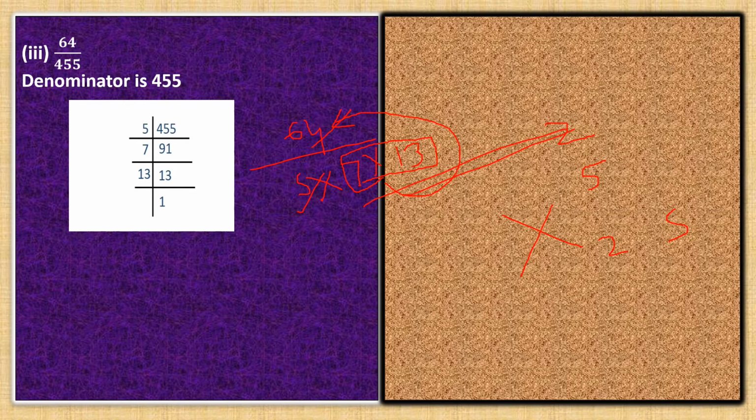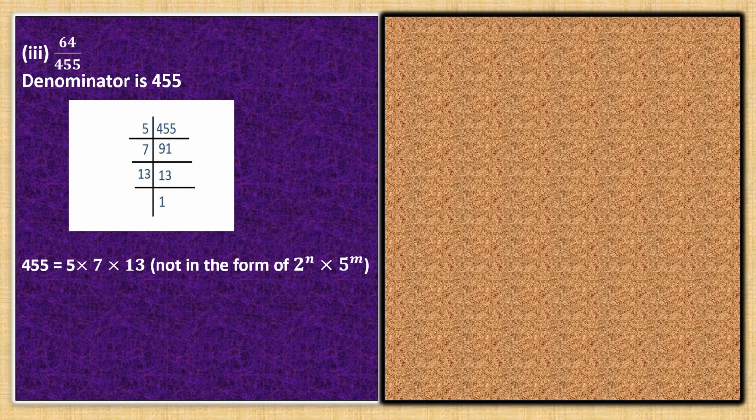Here 7 in 7 table, 64 will not go, so we cannot cancel this. Even in 13 table 64 will not go, so we cannot divide this. So as the denominator is not in the form of 2 power n and 5 power m, it is a non-terminating repeating decimal.